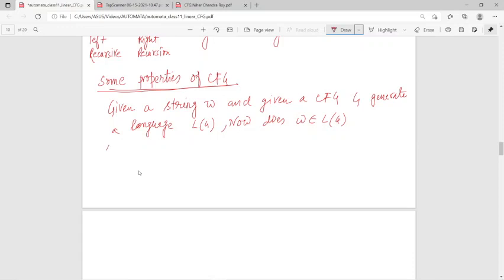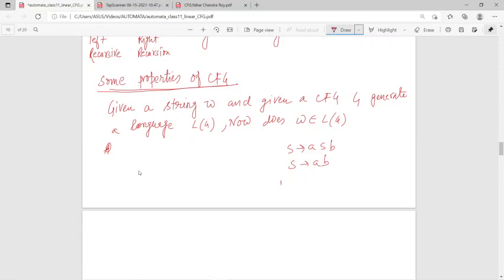So if you write an algorithm, a grammar is given. Say the first grammar that we take, I can write a to the power n, b to the power n. The production rules are S to aSb, and S to ab.